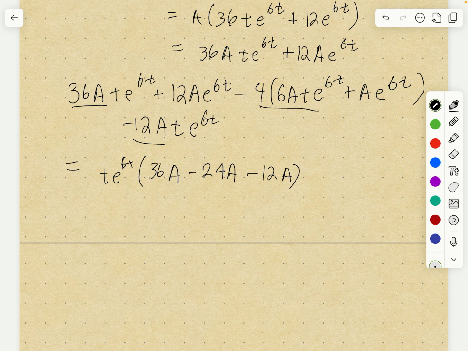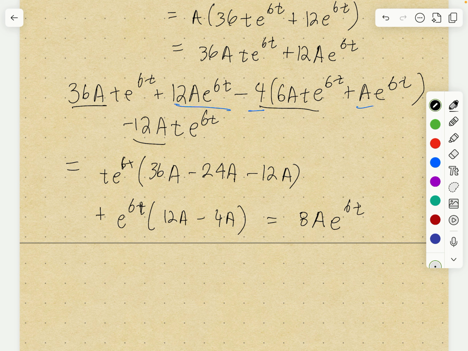Okay. And then what about the plus e to the 6t terms? So you're going to get 12a and then minus 4a, and that's it. So this is going to simplify to 8a e to the 6t.